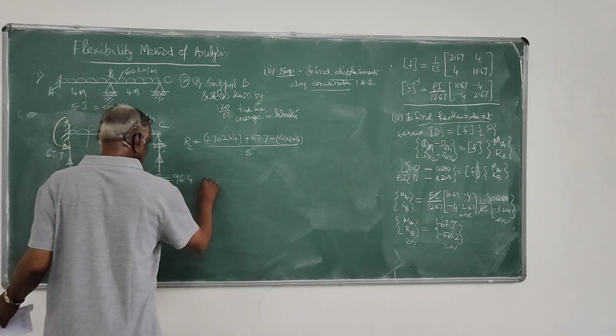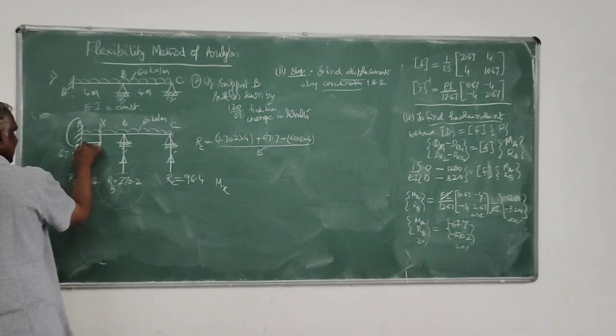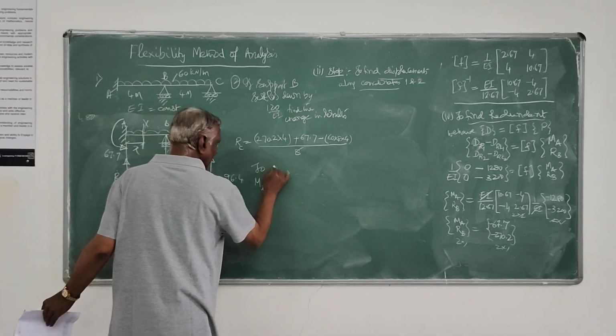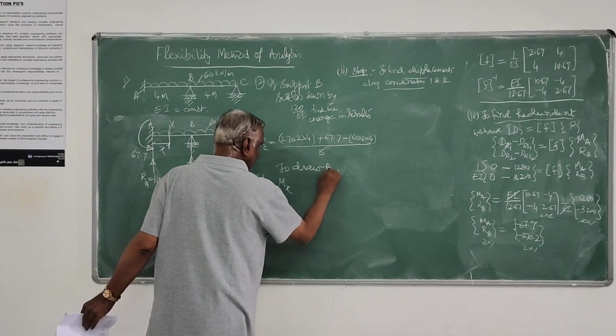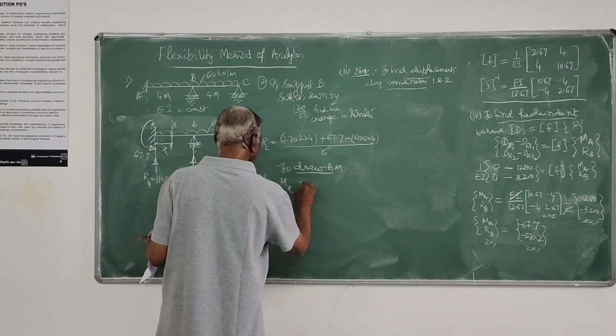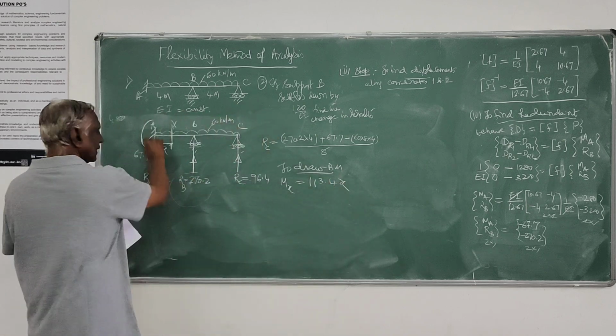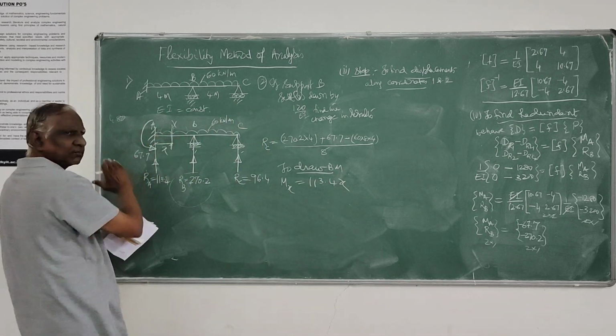Suppose you take Mx here. You take a section x at a distance x to draw the bending moment diagram. Mx is equal to 113.4 x due to this. I will take the free-body diagram towards that.